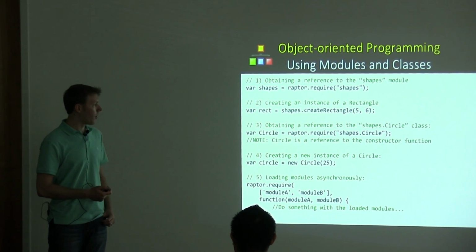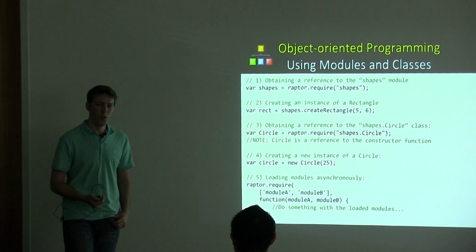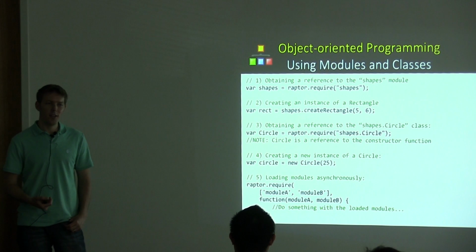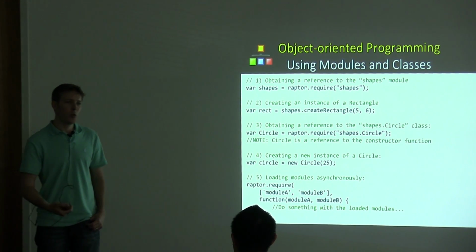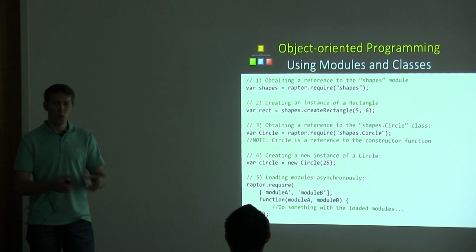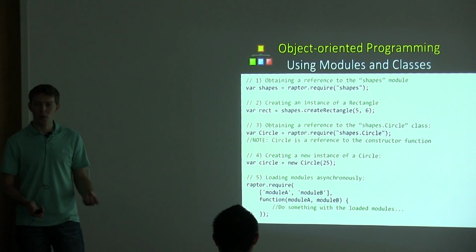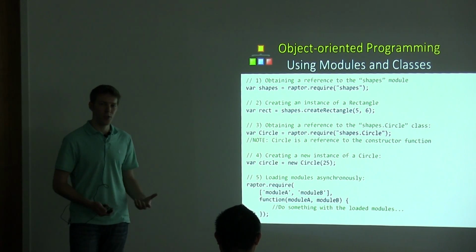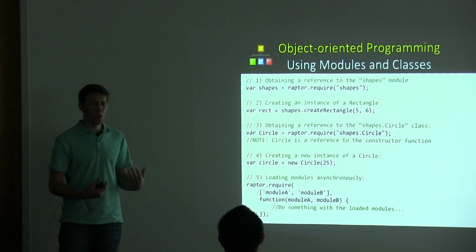The second part is actually creating an instance of a rectangle. One nice thing that you can do with the module pattern is expose methods that do the creation of the instances for you. So you don't care what the fully qualified name of the rectangle class was or where it even existed. You just have a factory function, or we'll call it a creator function just to avoid confusion, that you can invoke.